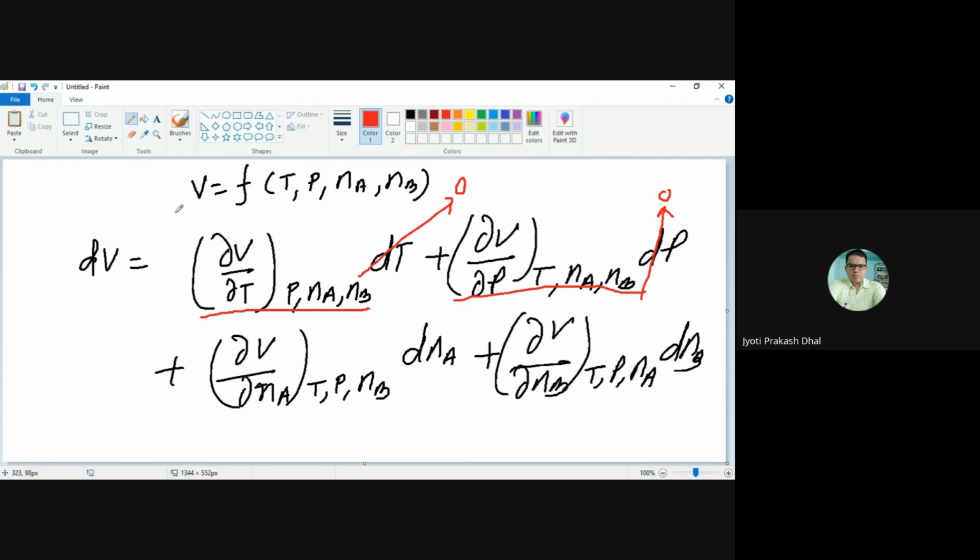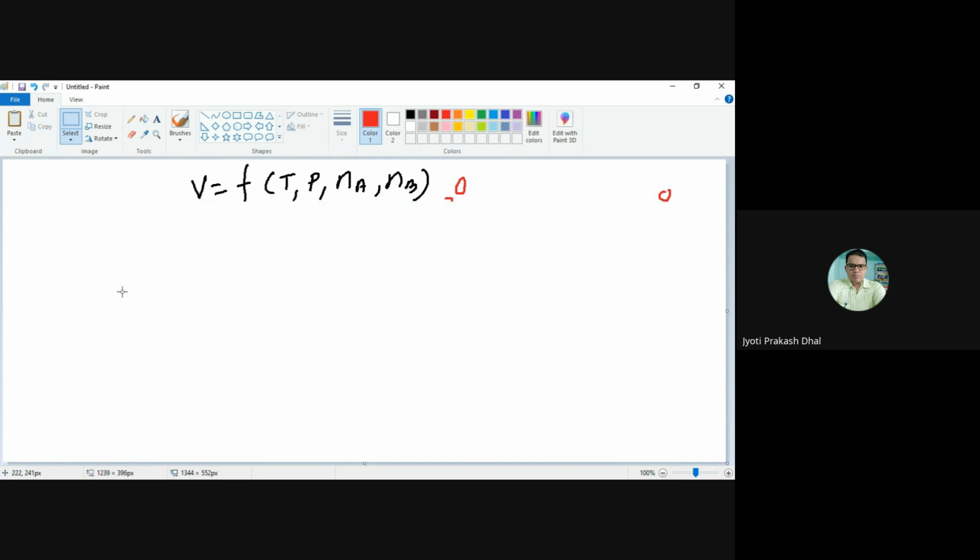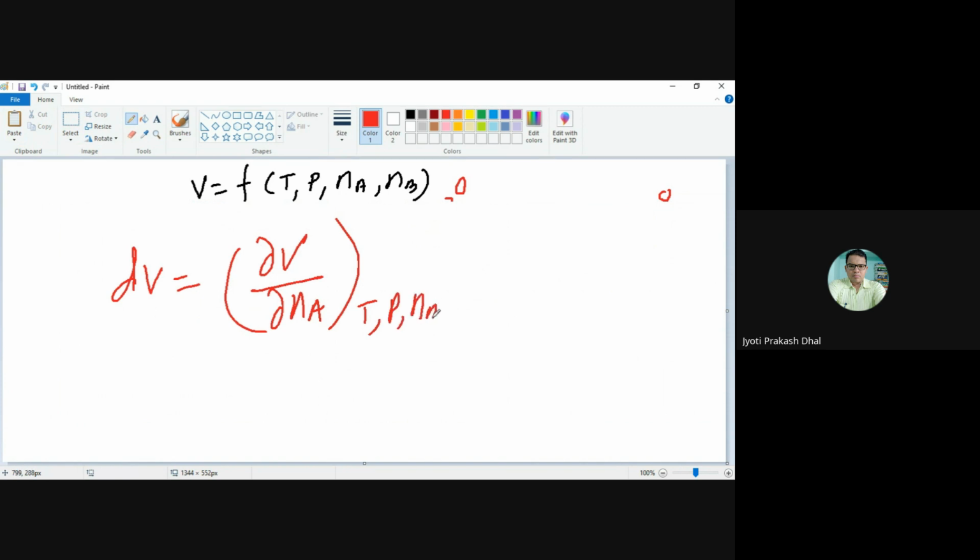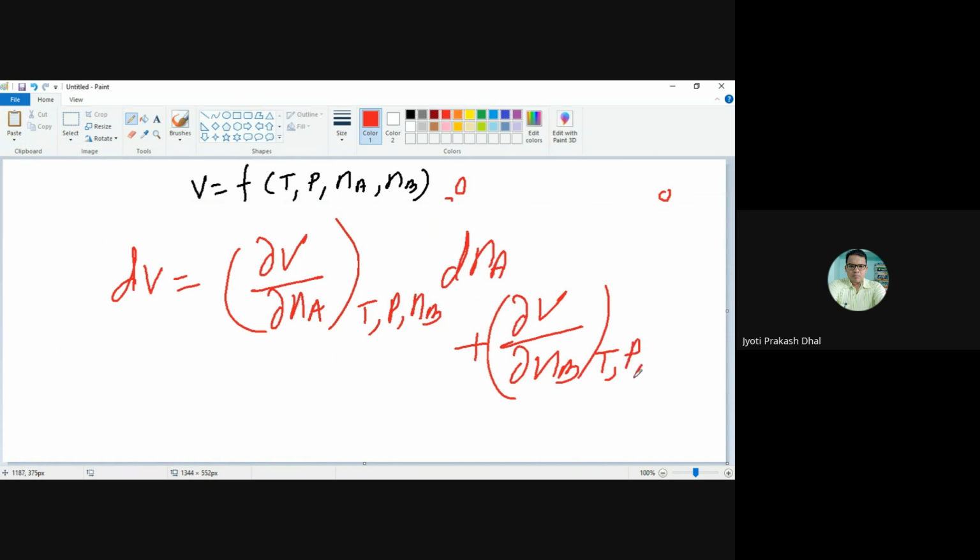So the first and second terms vanish, and the final term will be dV at constant temperature and constant pressure equals del V by del N_A at constant T, constant P, constant N_B, dN_A, plus del V by del N_B at constant T, constant P, constant N_A, dN_B.